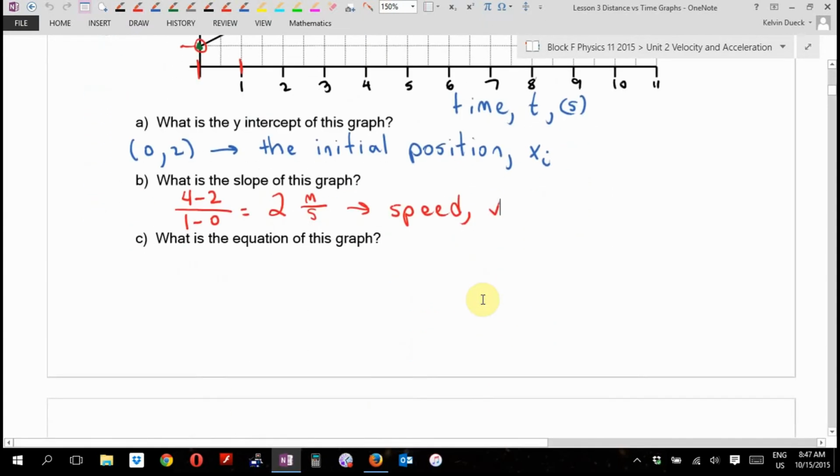What's the equation of this graph? Well, every equation of a line looks like this. But I can do better than that. What's on my y-axis? Could you use meters as well?